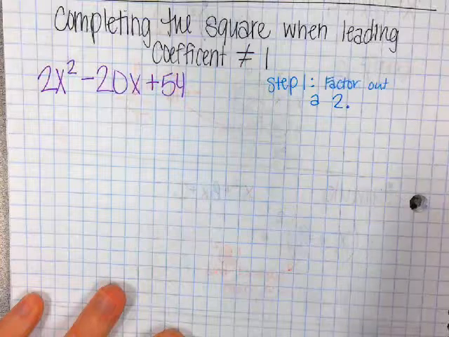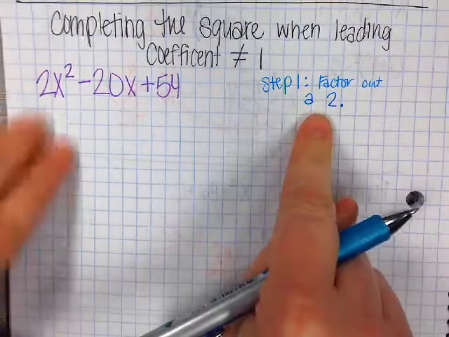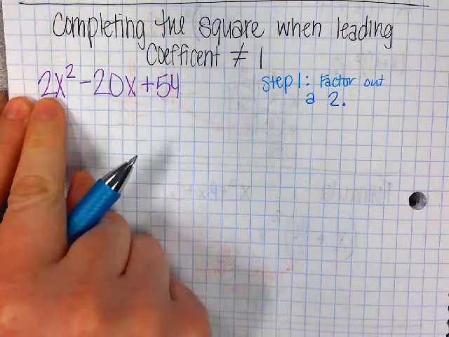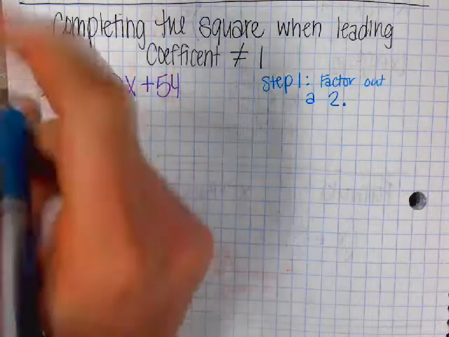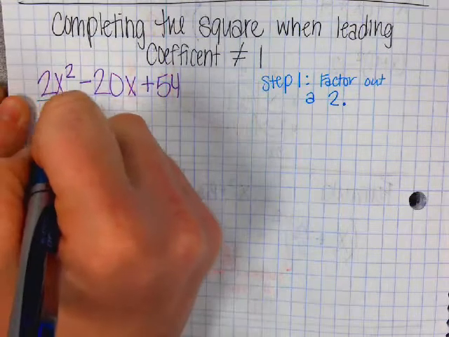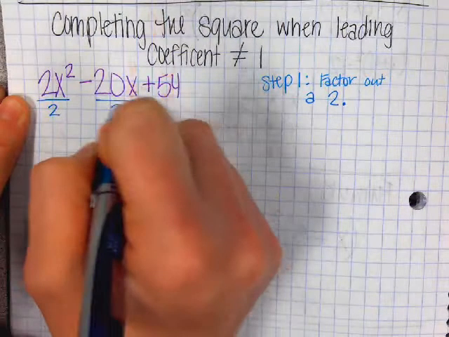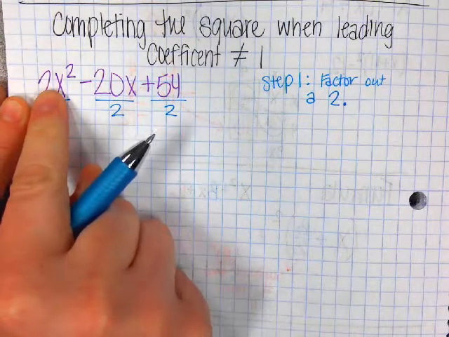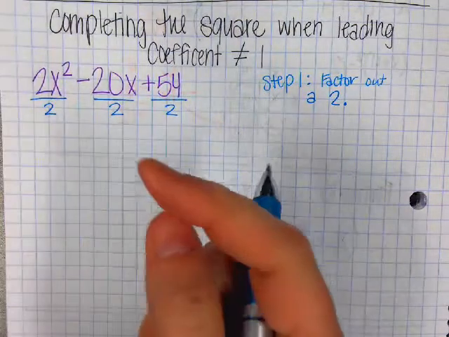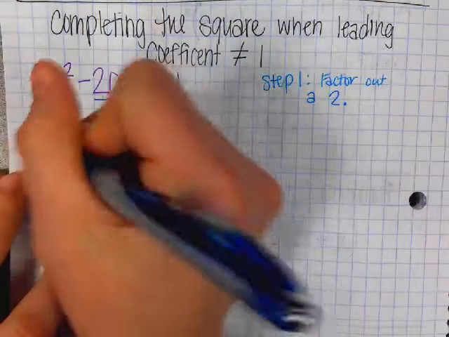Now, in this problem, the reason you're factoring out a 2 is because the number in front of x squared is 2x squared. You have to divide everything by that number so that this is no longer 2x squared. Remember, you can't just do it to one part, you have to do it to all parts.